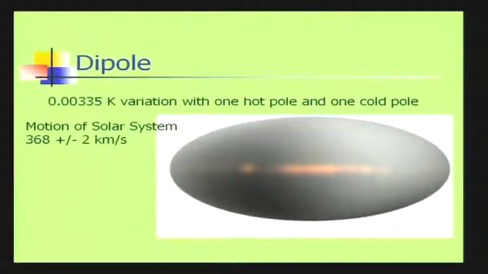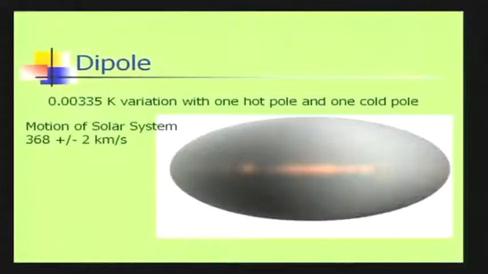The next thing that you see, once you remove this monopole component, the isotropic component, is a dipole, which is quite visible over here. You see this part is much fainter and this part is much darker. Okay, so this is a dipole pattern. The thing that you see passing through the center is the imprint of our own galaxy.